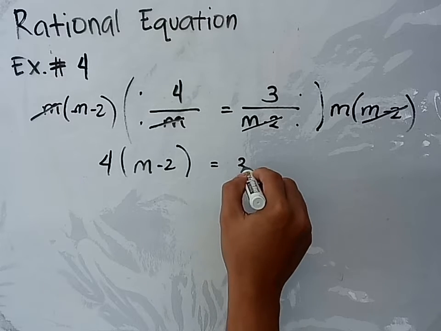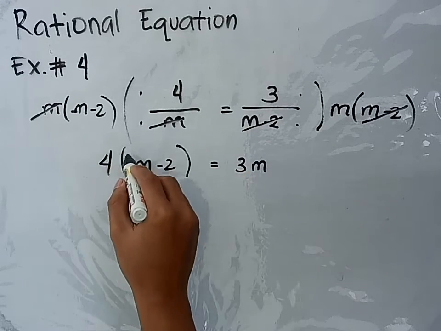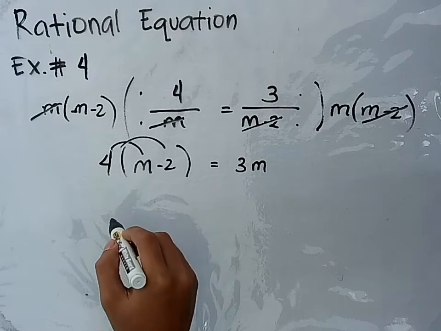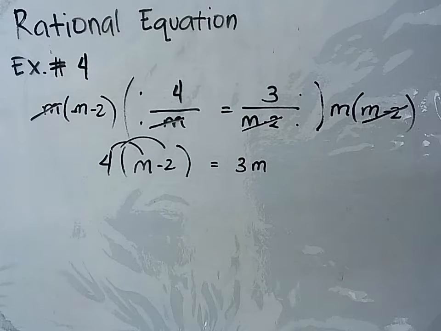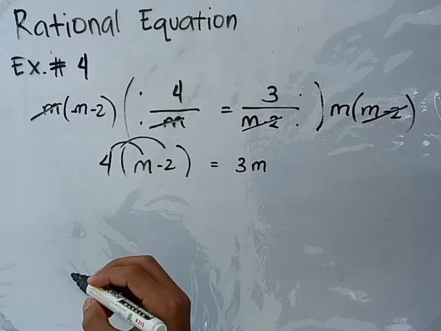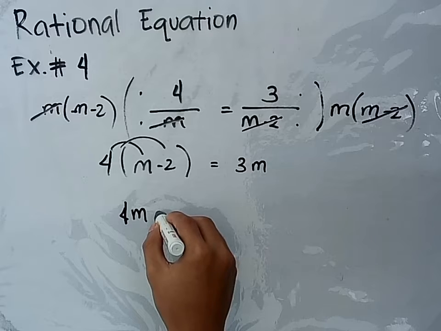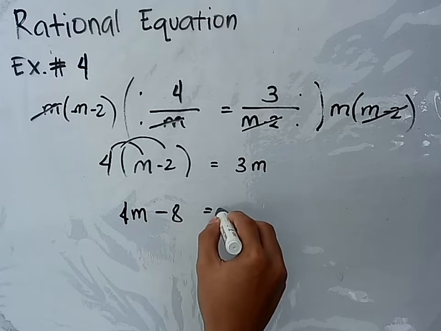Next, multiply 4 to m minus 2, so we need to do the distributive property of multiplication. 4 times m equals 4m, 4 times negative 2 is equal to negative 8, and then bring down 3m.